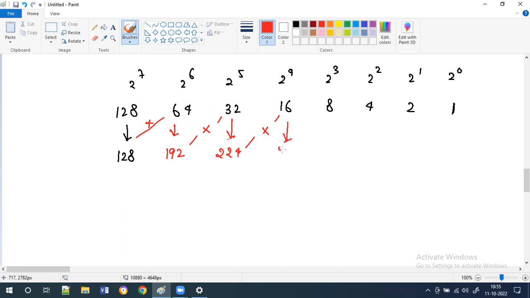It would come 240, plus 8, 248, 252, 254, then plus 1, 255. So this table you have to remember.